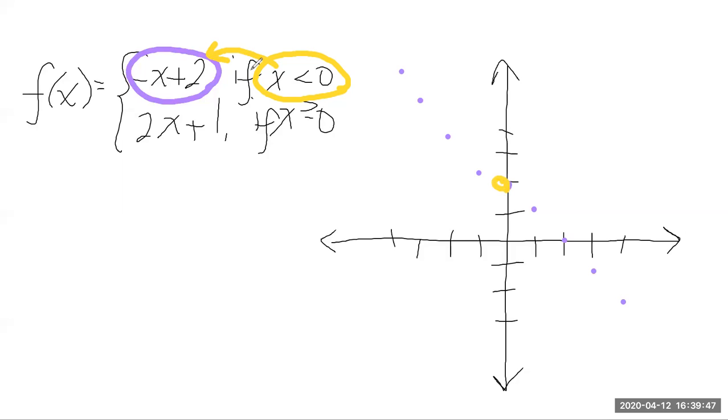And it's going to be an open circle because it does not have an equal sign right here. Okay, so you're going to use your ruler and you're going to draw the line for all of the x's that are less than 0. And that's the first part of the equation.